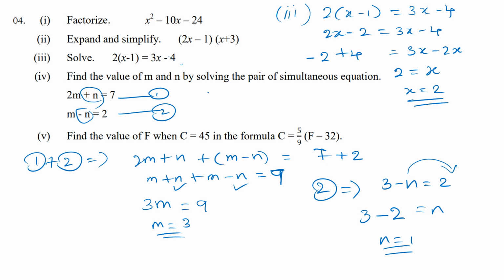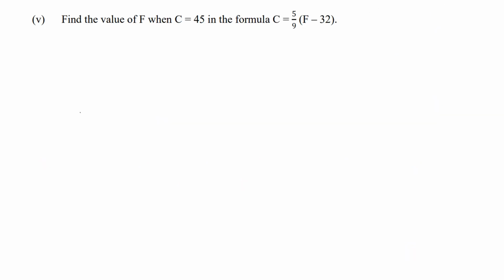Okay, then we will do the other part, right? Okay, here we have to do some kind of substitution. Find the value of f when c is equal to 45. You can use the formula c is equal to 5 divided by 9, f minus 32.